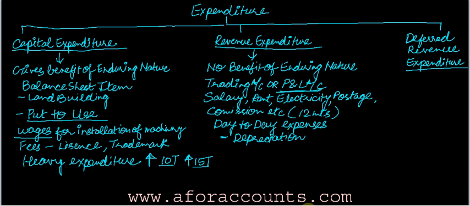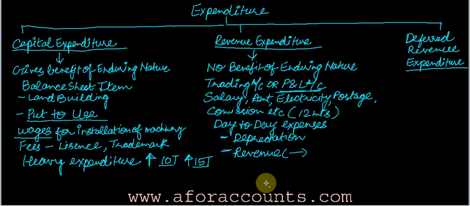Some annual insurance premium paid is also revenue expenditure. Regular air conditioning expenses are revenue in nature.